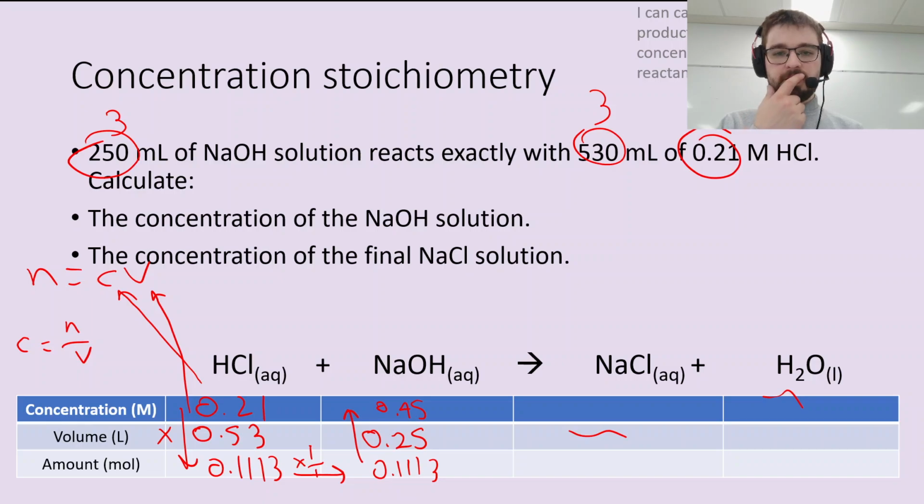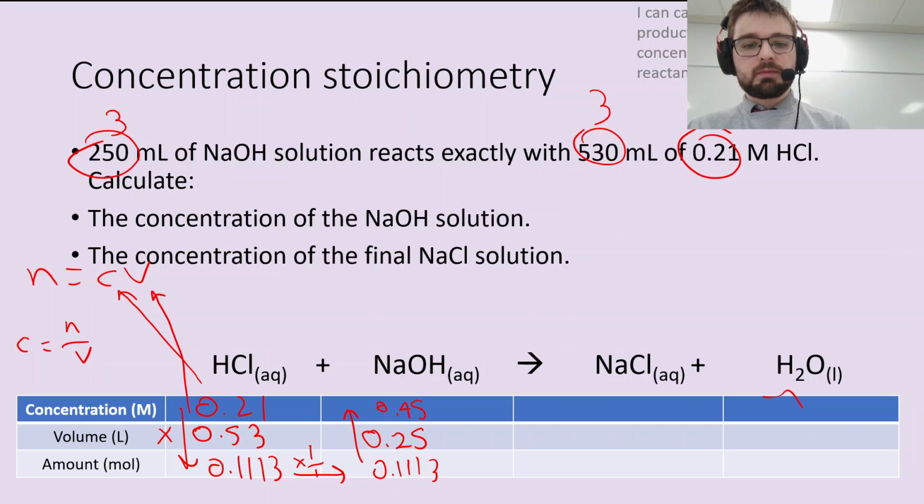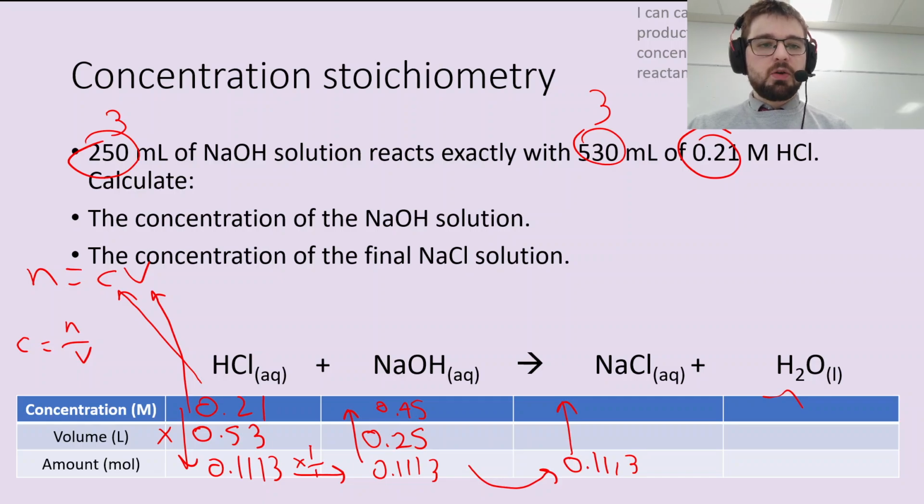If we want the concentration of the final sodium chloride solution, again, it's a 1 to 1 to 1 ratio, 0.1113. Now you might say, what's the volume here? Now we know we had 250 mils and we mixed it with 530 mils.